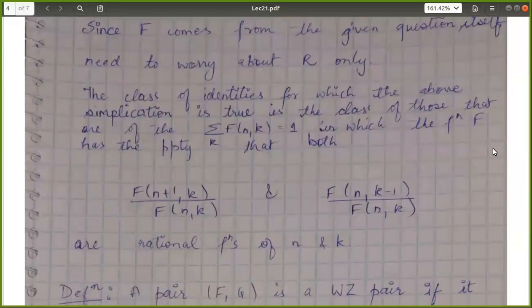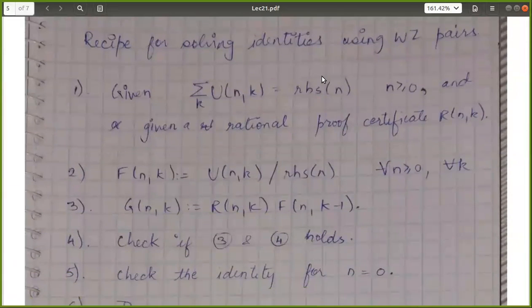And then we said that we need to worry only about R. So now I'm saying that if you have this particular identity and you also have a rational proof certificate R(n,k), then F(n,k) has to be obtained by dividing U(n,k) by the RHS of n, and G(n,k) has to be defined by the product of R(n,k) and F(n,k).